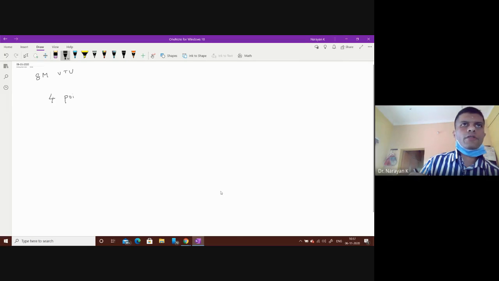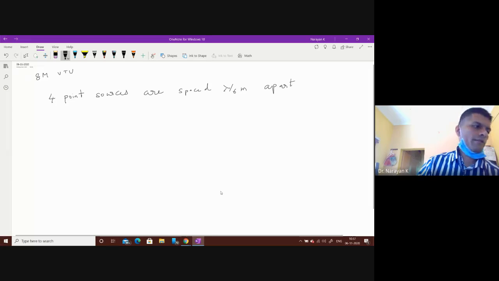Four point sources are spaced lambda by 6 meters apart.